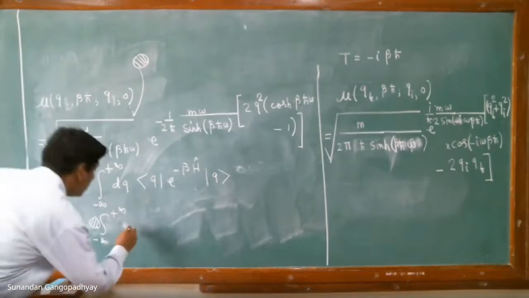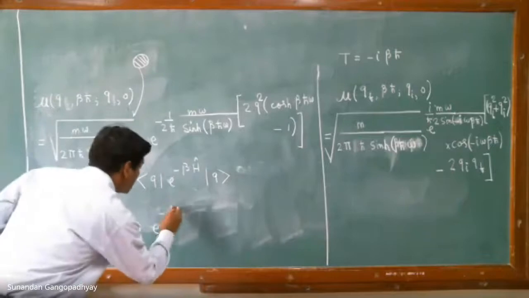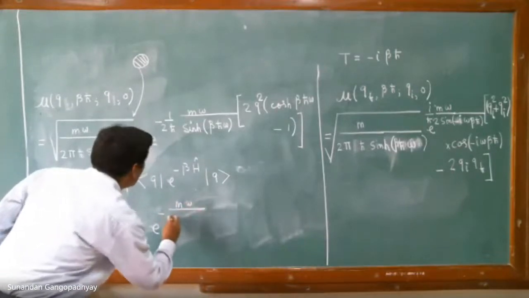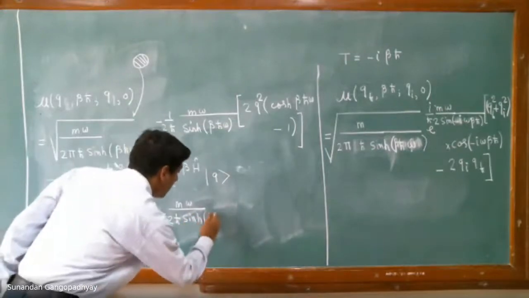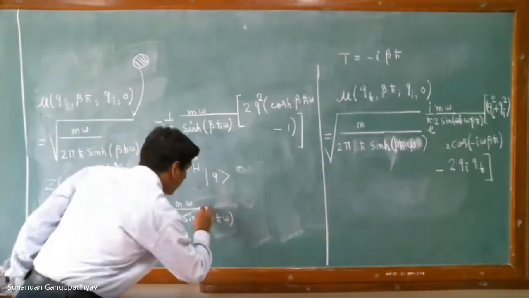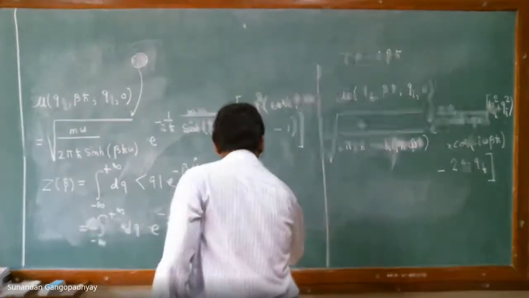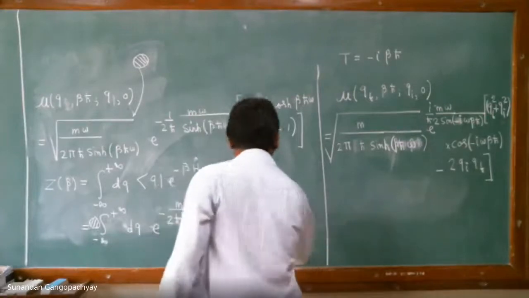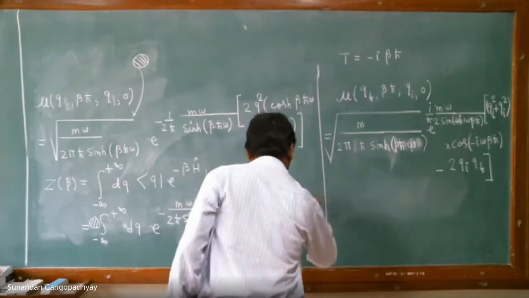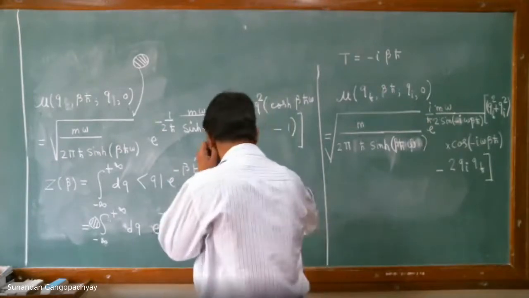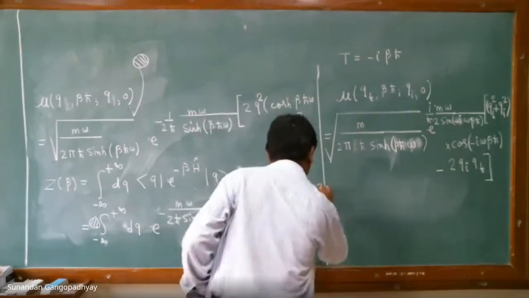And then we have dq. Then we have e to the power of minus m omega by 2 h bar sine hyperbolic beta h bar omega, times twice cosine hyperbolic beta h bar omega minus 1, multiplied by a q square.